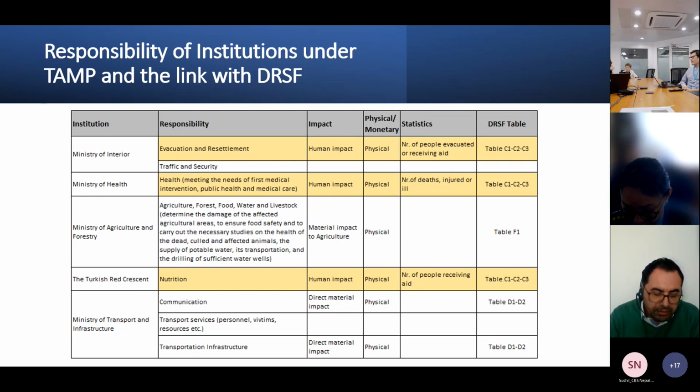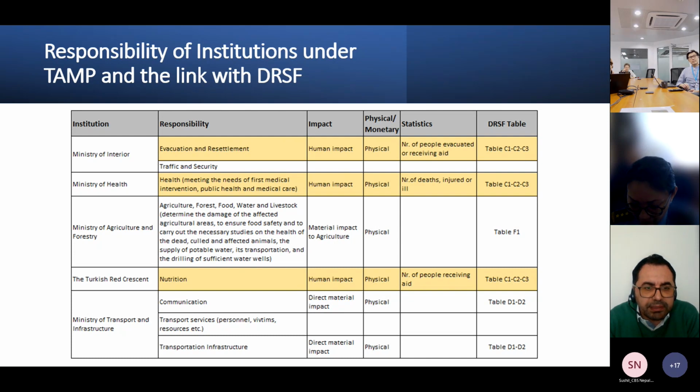Similarly, the Minister of Health is responsible for the health services, that means the needs of first medical intervention, public health and medical care. So from the records of the Minister of Health, the number of deaths and the number of injured or ill can be easily extracted.